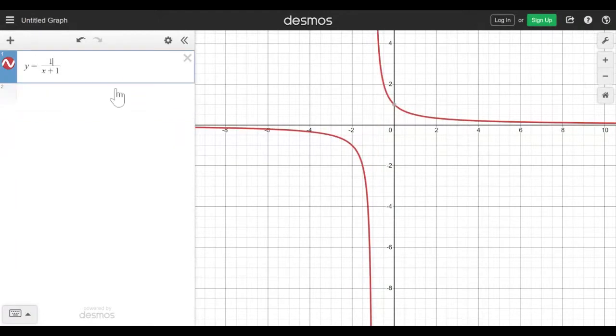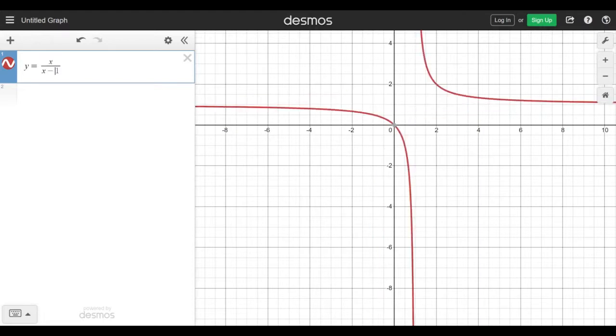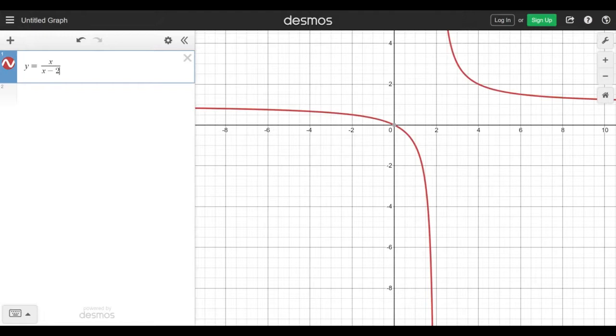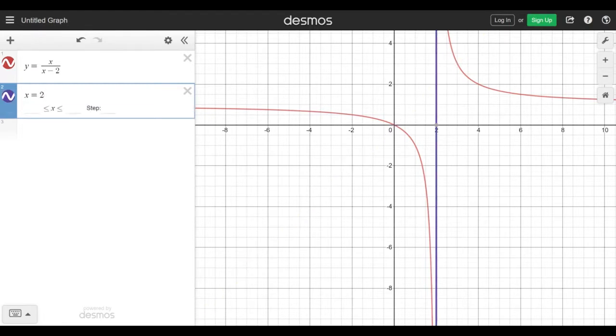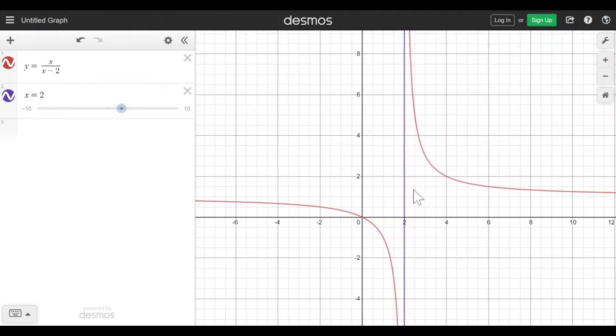Our second example is x over x minus 2. Our vertical asymptote was x is equal to 2. So you can see the purple line here is passing through the point 2, which is the broken part of the graph, and that is our vertical asymptote.